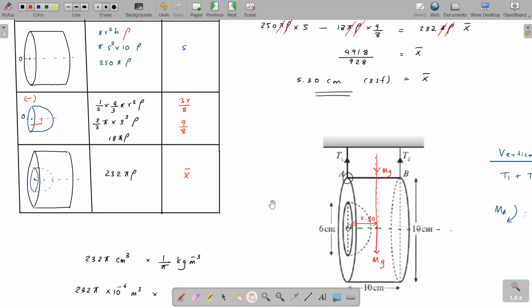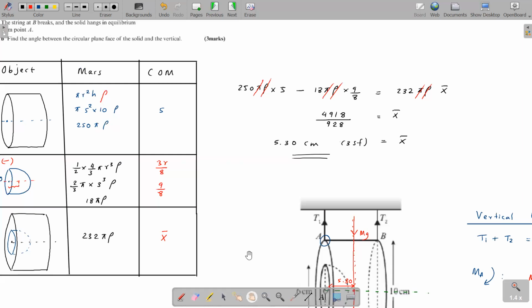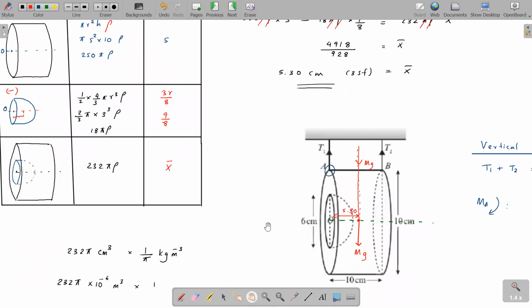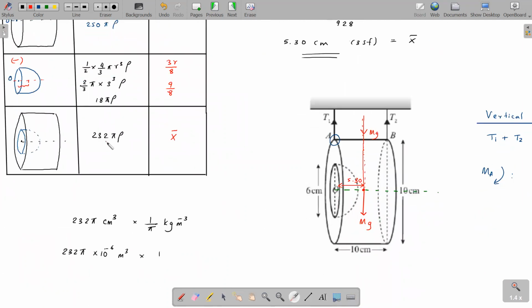Previously I did not consider much of this rho because it cancelled out. But now you need to understand that 232 pi is in cubic centimeters, while rho is 1 over pi kilogram per cubic meter.